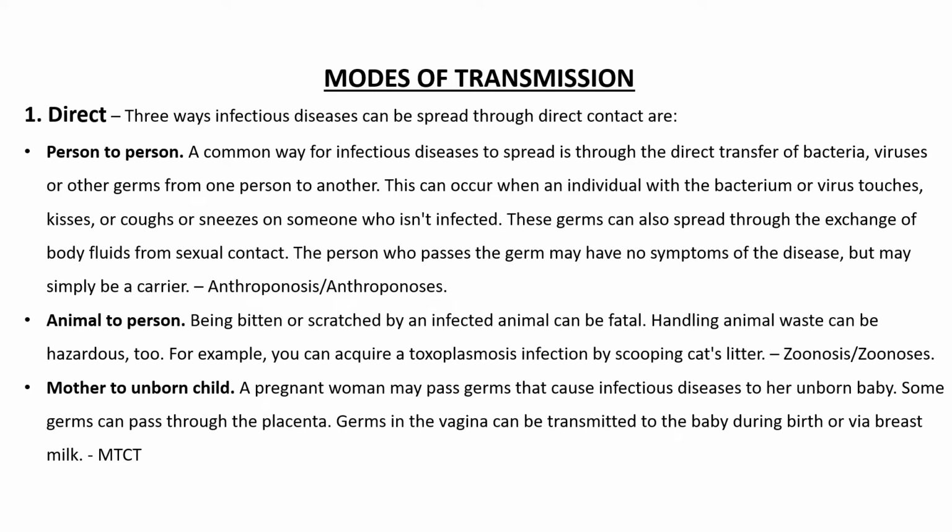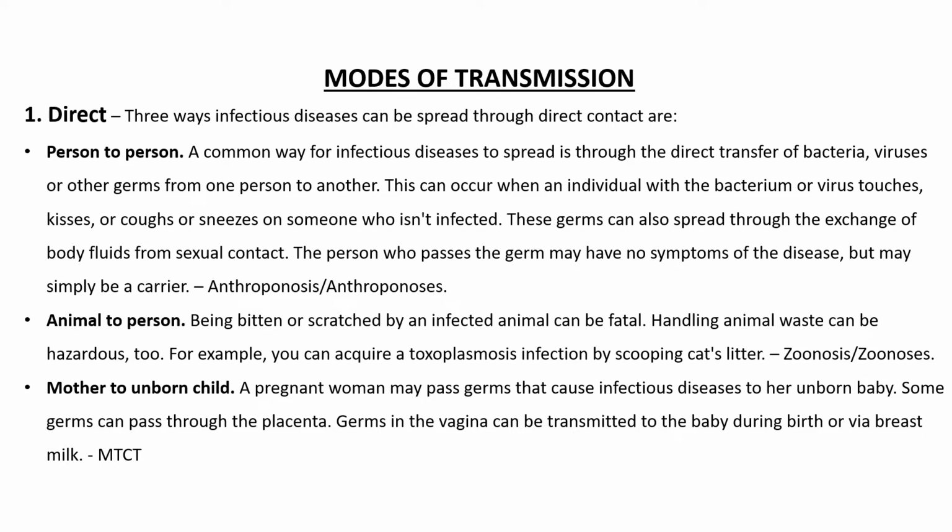Technically, such a process of transmission from person to person is known as anthroponosis, singular, or anthroponoses, plural. And then the next kind of transmission that occurs directly is from animal to person, where a person can be infected by being bitten or scratched by an infected animal.